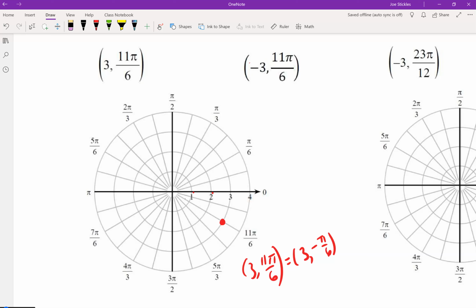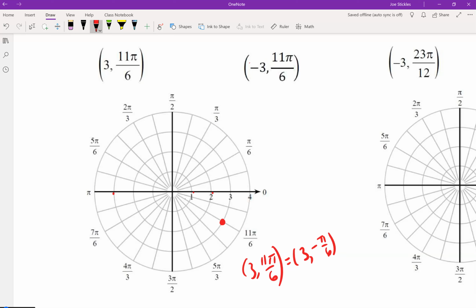So one way to do it is to count your radius first, the r value first, and then rotate. All right. Well, we said 3 units was 1, 2, 3 this way. Well, again, thinking of this as a positive axis, if I went 1, 2, 3 this way, a negative 3 would go 1, 2, 3 this way. Okay.